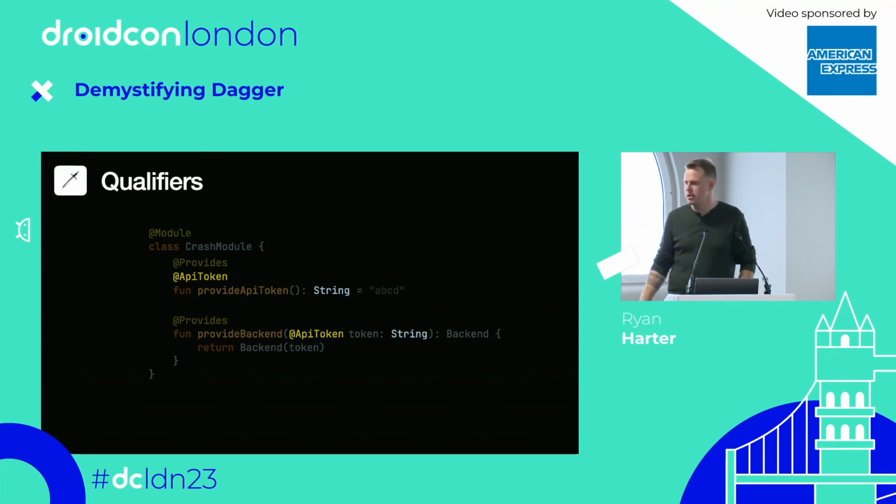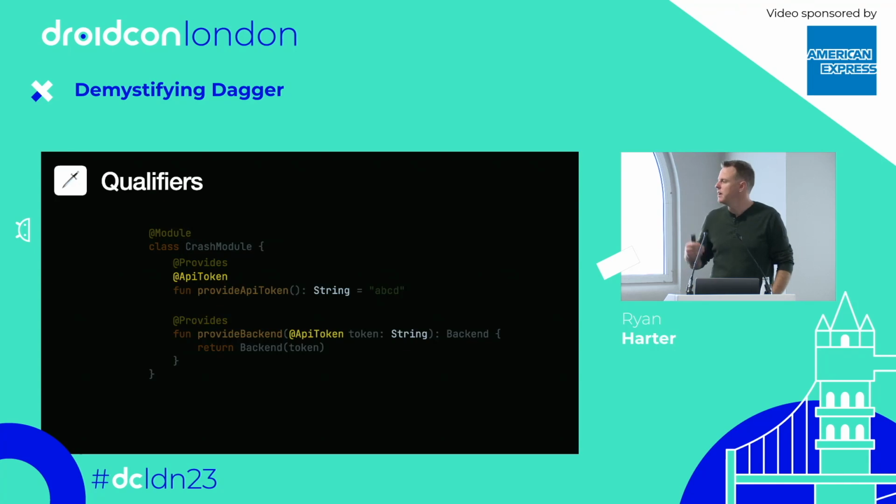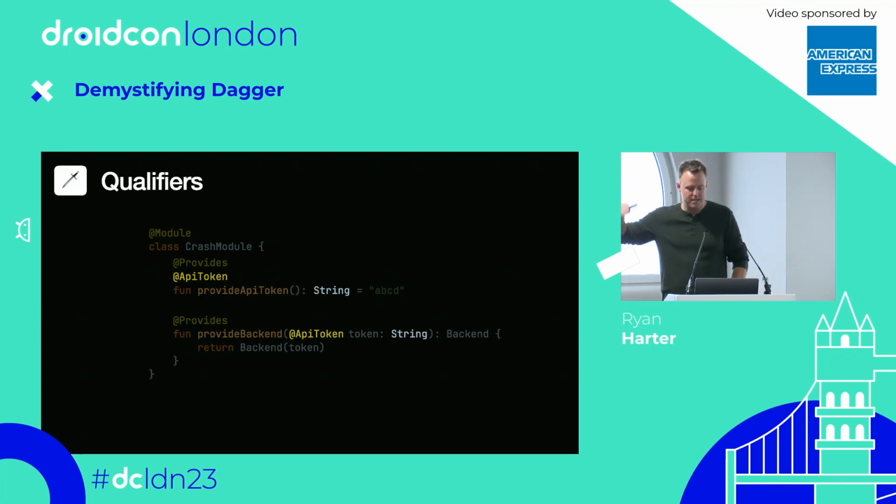There's nothing special about it, but it's annotated with the qualifier annotation from JSR 330. And effectively what Dagger does is qualifier annotation plus type is what identifies a dependency to Dagger. It's that simple. It's just an extension of the type so that Dagger can match these things up appropriately.